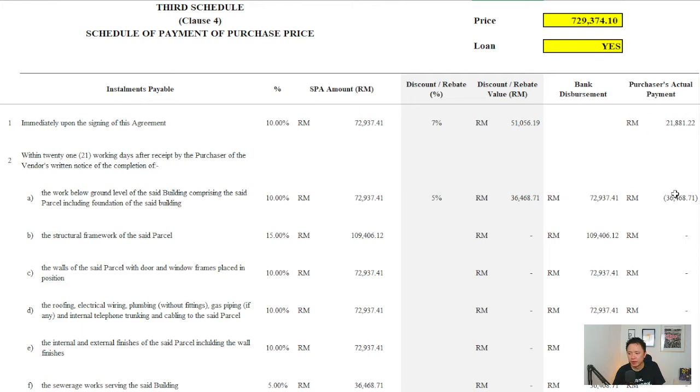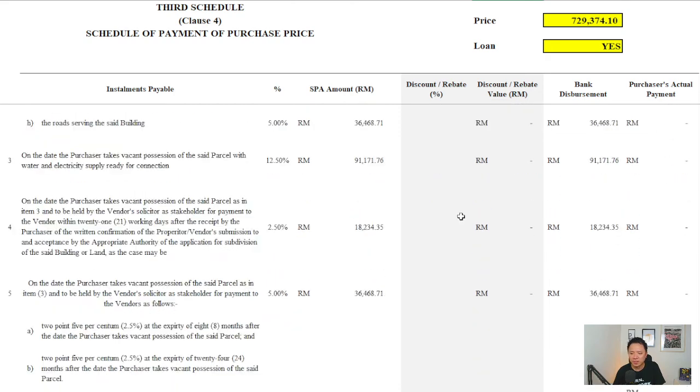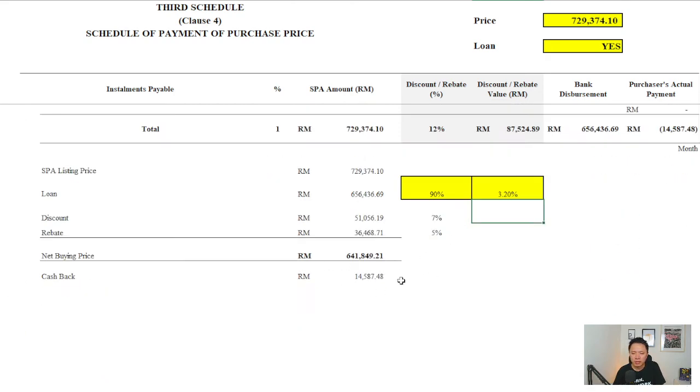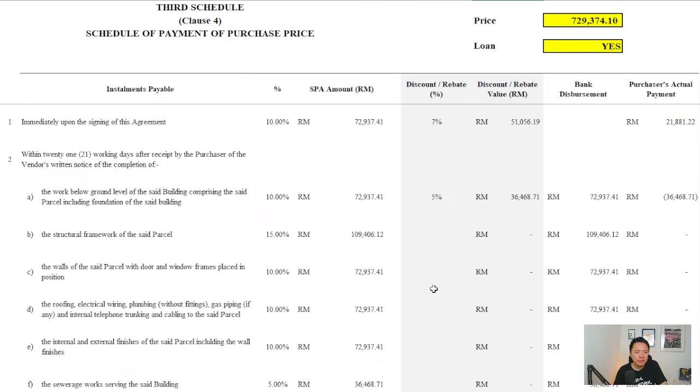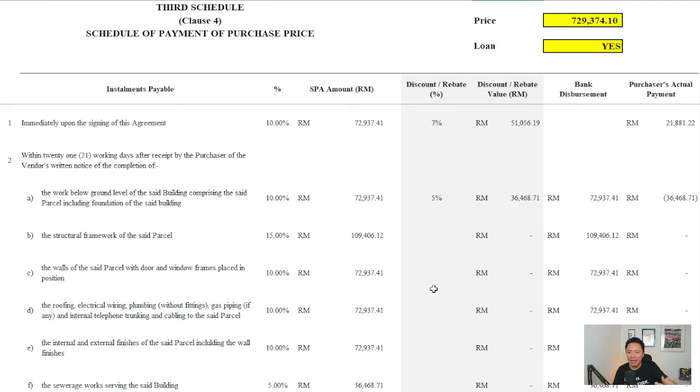This is what you pay. You minus off these two, then you get the cashback. So it depends on the developer when they want to pay you back the cashback. Some pay you in 2A, some in 2B, some pay you at the end upon vacant possession. Okay. So this is how the payment schedule is like if you're getting a loan for an under construction property.